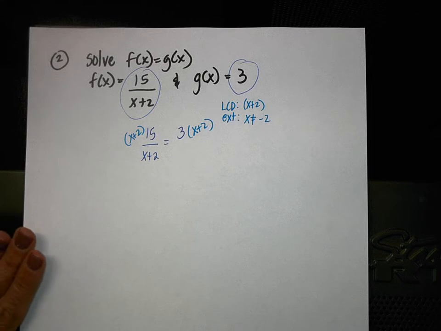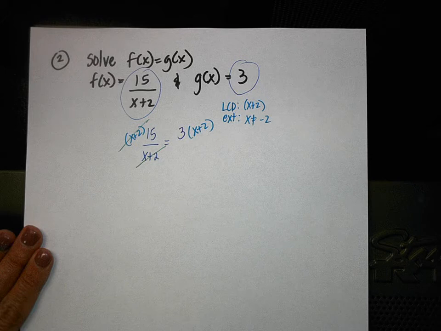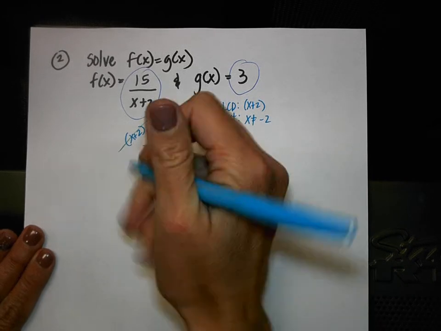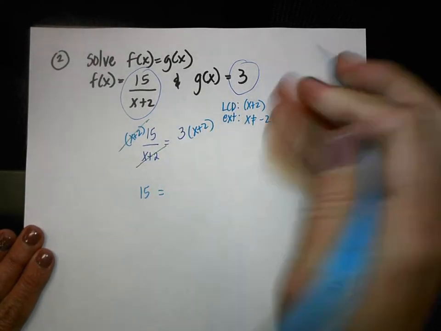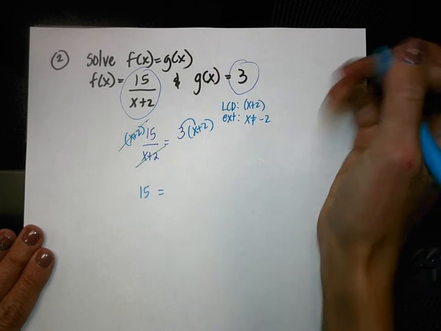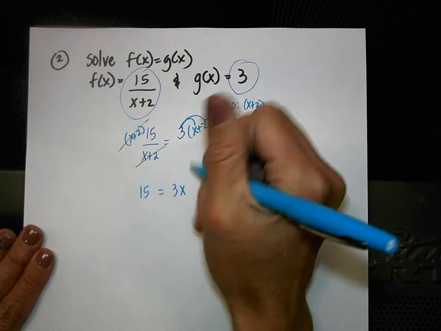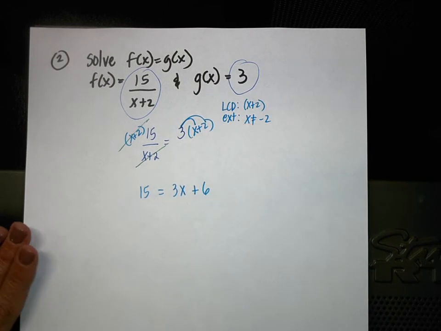And so what happens here now is that the x plus 2's on the left side there, those eliminate, and we're left with 15 equals, and then here, what will I do? Distribute. So 3 times x is 3x, and 3 times 2 is 6. Now what will I do?